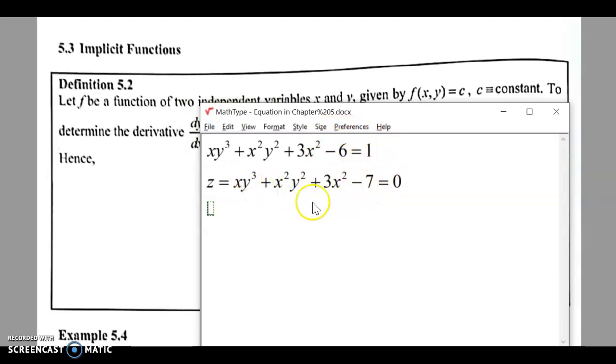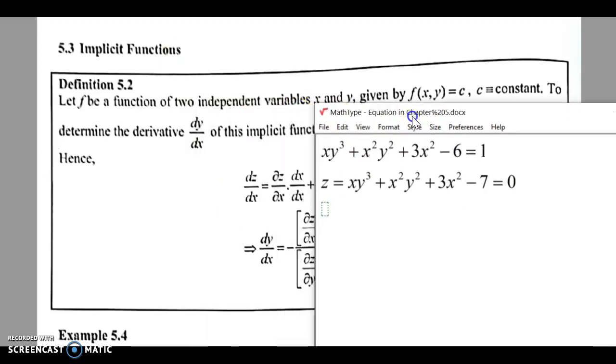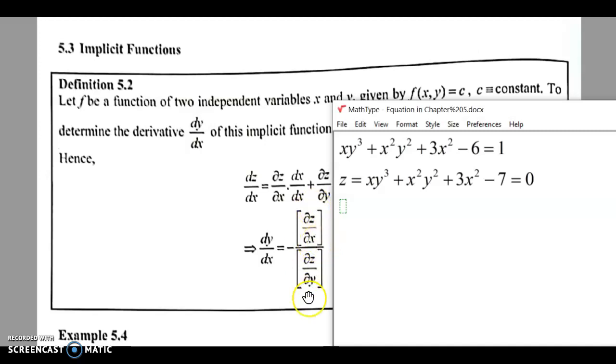So now all of this function is equal to 0, which is also equal to z. Now we have the function of z. Now that we have this, we can proceed to look for the partial derivatives.